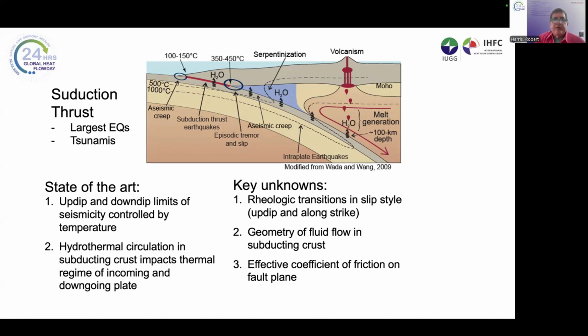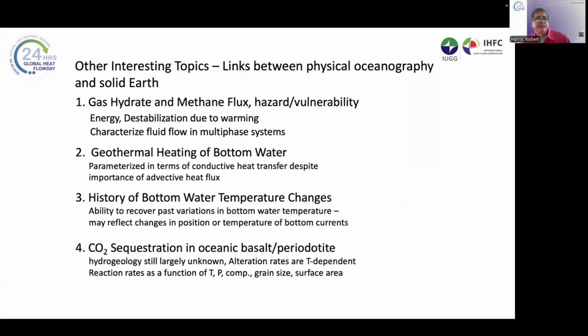But how does hydrothermal circulation within the downgoing plate impact that? How does it impact rheologic transitions and slip styles? What's the geometry of fluid flow? How does it impact the effective coefficient of friction on the fault plane? Things like that.